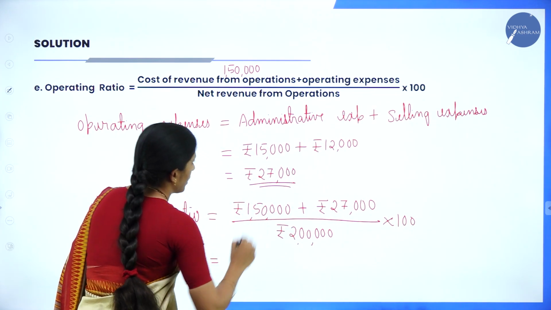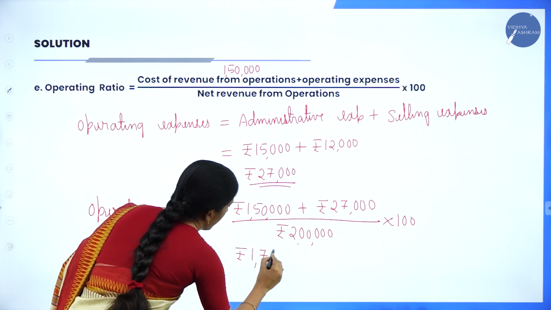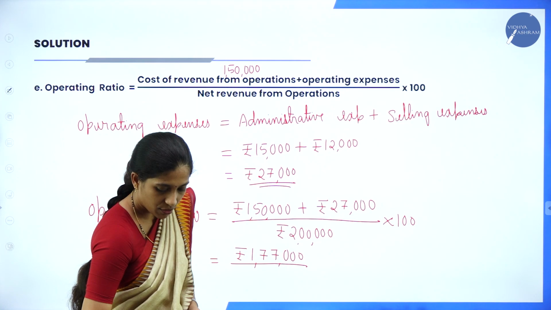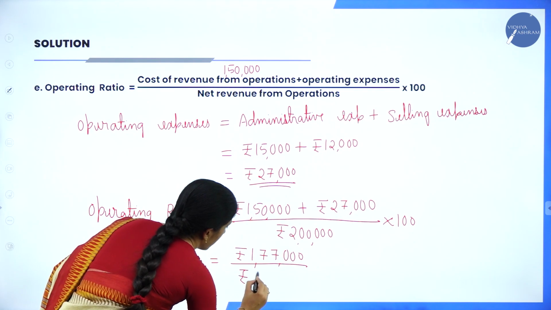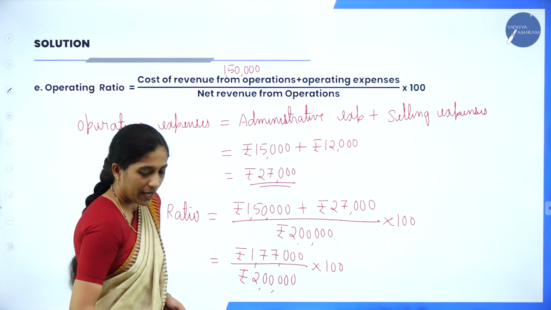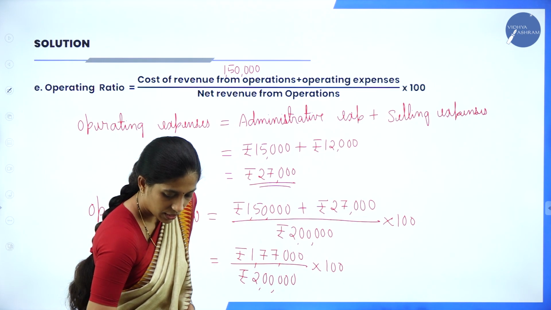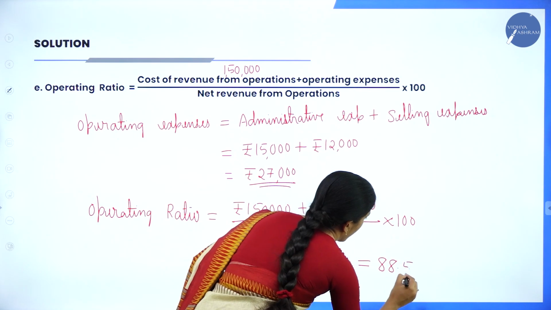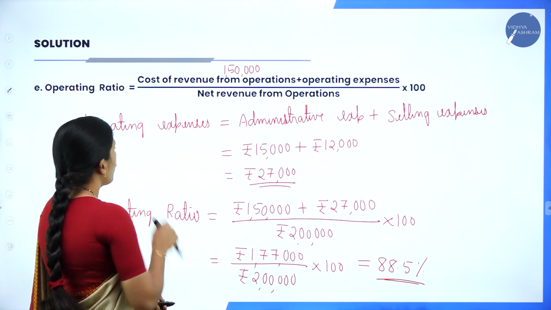So 1,50,000 plus 27,000 will be 1,77,000. Let's check once again: 1,77,000 divided by 2 lakh into 100, that is equal to 88.5%. So this is your operating ratio.